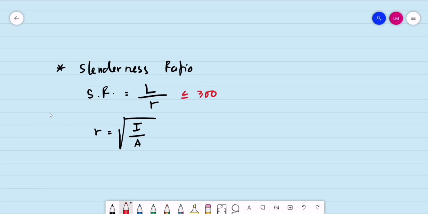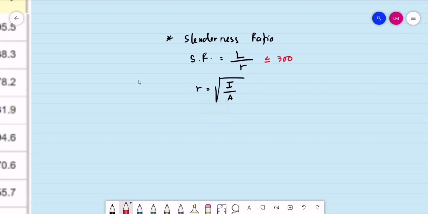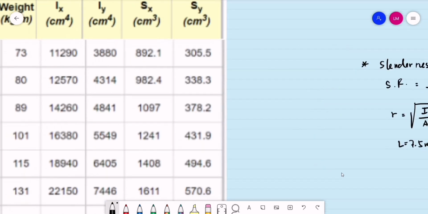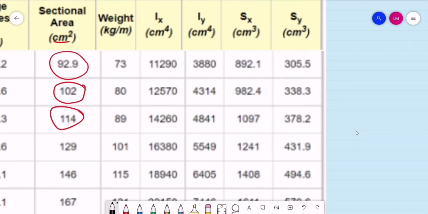So let us check this section, with a length of 7.5 meters, or in millimeters, 7,500 millimeters. We need to check both axes, the x-axis and y-axis.